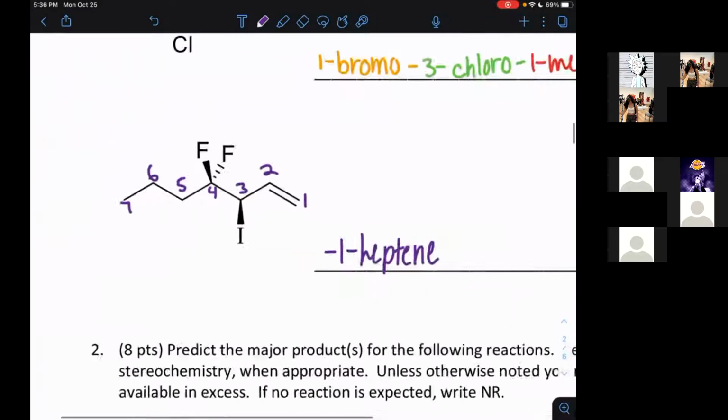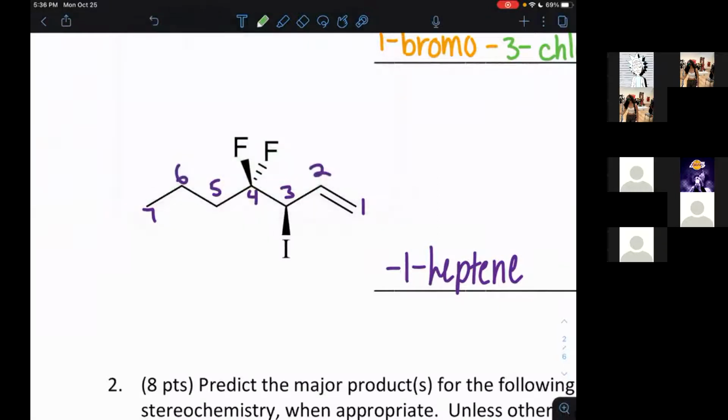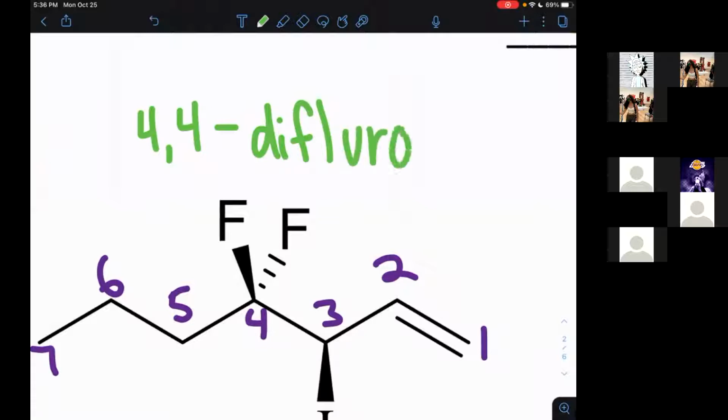Okay. And then I'll just name the substituents. So this one's going to be 4,4-difluoro. Oh, and someone corrected me last time. How do you spell it? F-L-U-O-R-O? Yeah. Okay, cool.